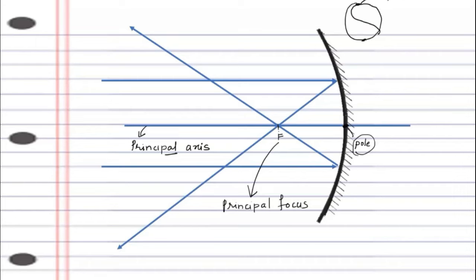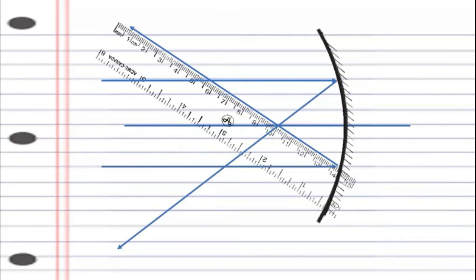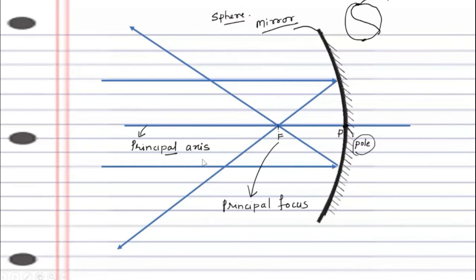As I have told you, spherical mirrors are to be considered as a part of a sphere, and therefore this particular point is referred to as the pole, and its symbol is P. Right? So now you have understood in this diagram what the principal axis, the principal focus, and the pole are.